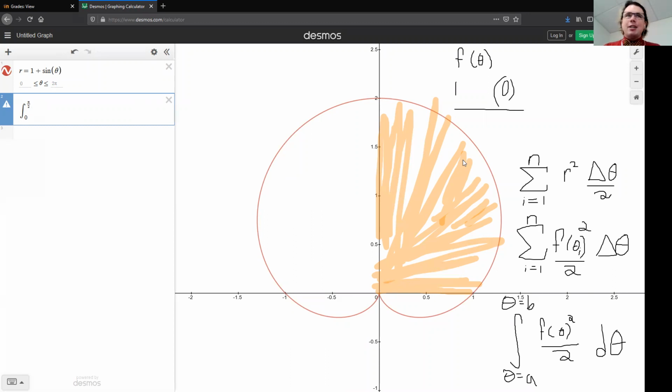Now the function that I use is going to be 1 plus sine of theta. I need to square this, divide by 2, and again, my differential here is d theta. Desmos calculates this integral for me, and I get a number slightly bigger than 2.